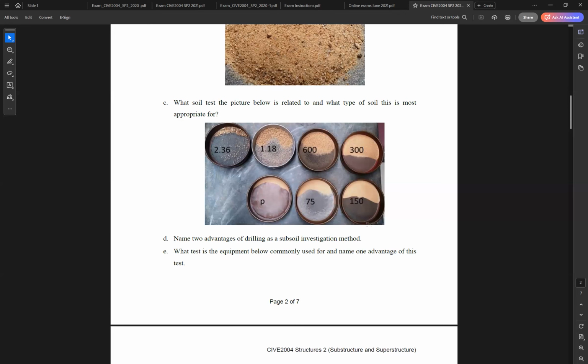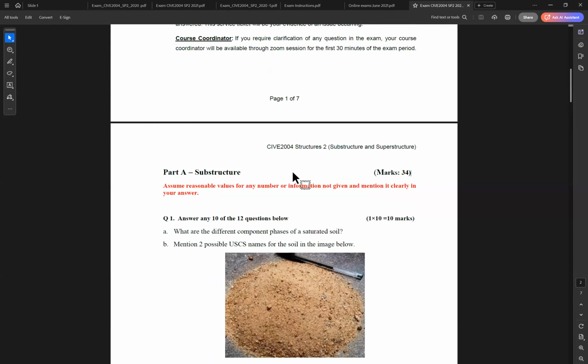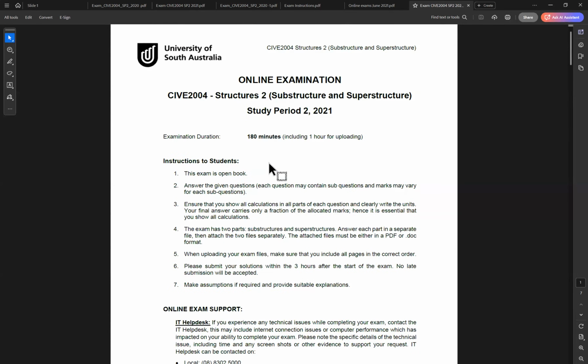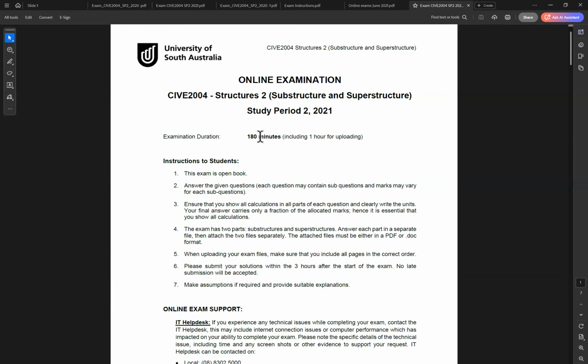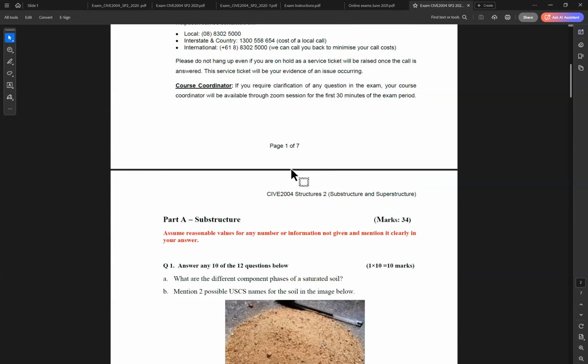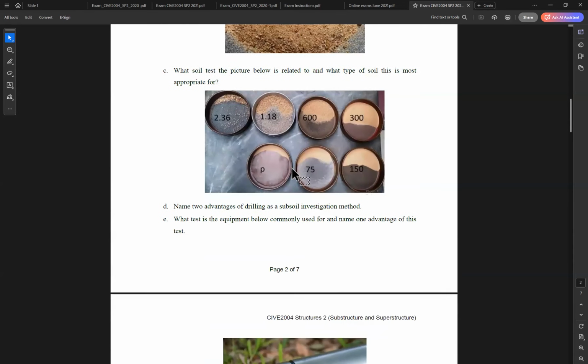But I will also share with you some of the important questions to practice before the test, because these exams are not the recent ones. Because I was not the course coordinator for this test, I don't have the answers. And this test as well is 180 minutes, so it is a different style of exam. Okay?